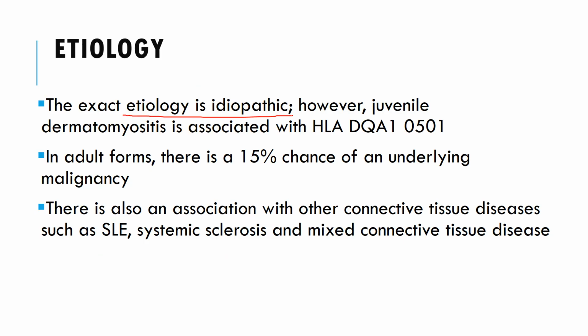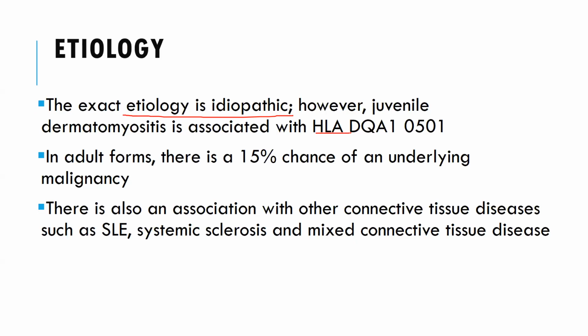However, the juvenile type has been associated with particular genes, especially in those children who have a particular human leukocyte antigen, the QA10501. They have a higher risk of getting this condition, though not all of them do, but this is the genetic predisposition that has been associated with dermatomyositis.